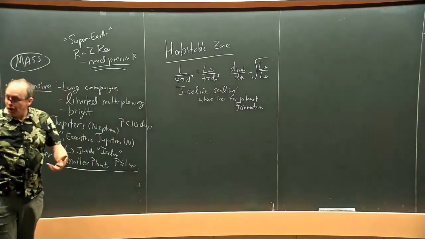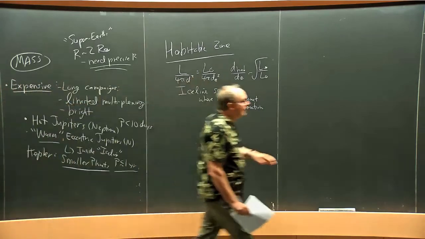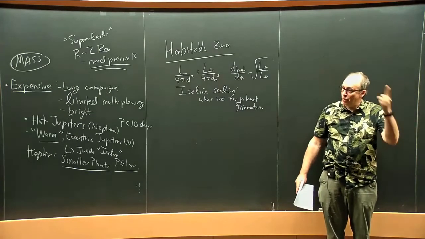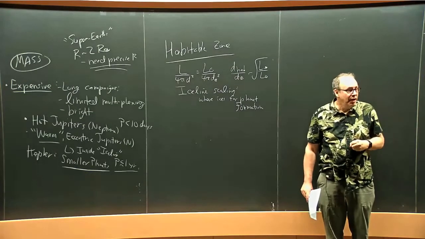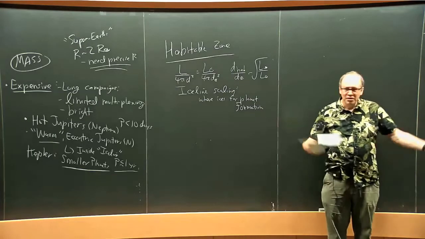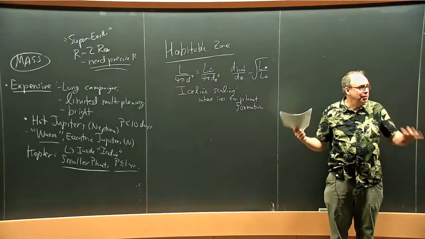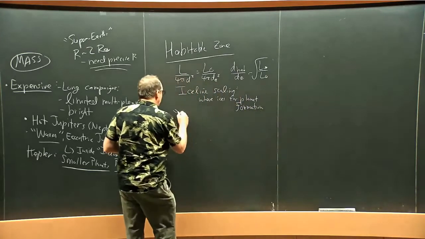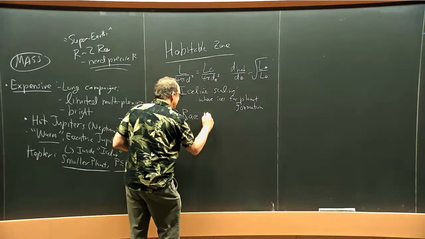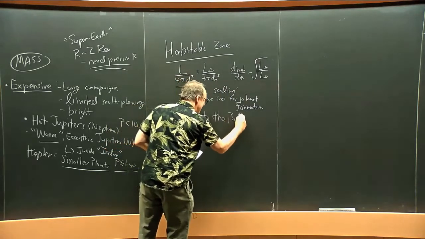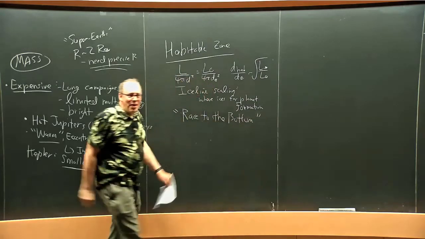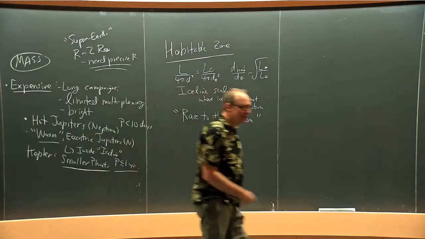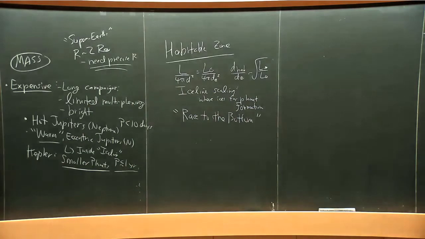The radii of the stars become smaller, and as a result the depth of transits becomes larger. The characteristic time scale for the period gets shorter, so I have more cycles available to me. The characteristic mass of the star gets smaller, the velocities get larger. Every dimension of the problem becomes easier if you're looking at lower mass stars. And this leads to basically a race to the bottom, where the game amounts to seeing what's the smallest possible star that you can look at, and that's the best possible place to find planets, right? It's this characteristic line here.